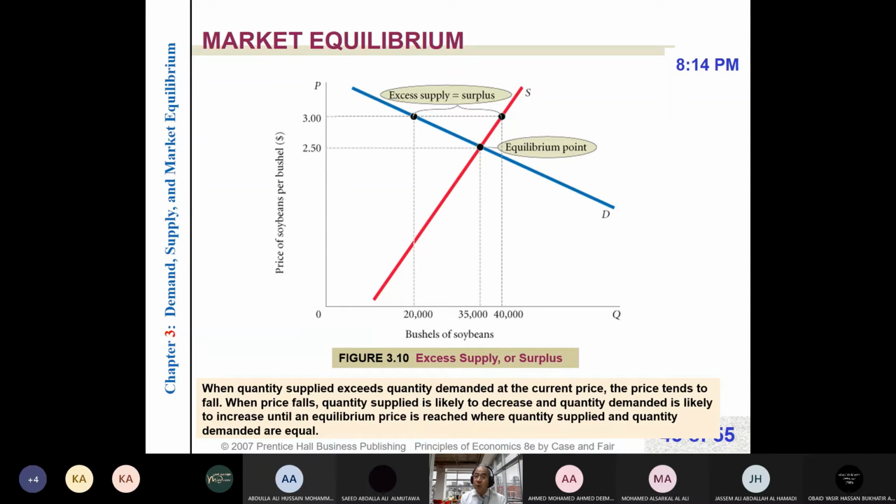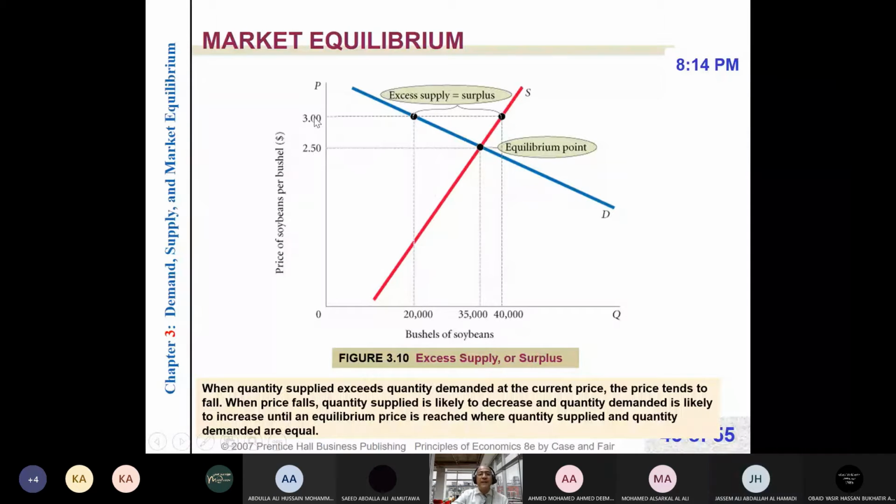So again, my question, if the price is 3 dirhams per kilo, what will be the quantity demanded? 40,000, Doctor? The answer is wrong. The answer is 20,000.